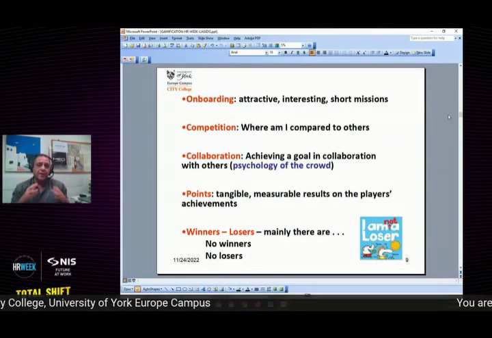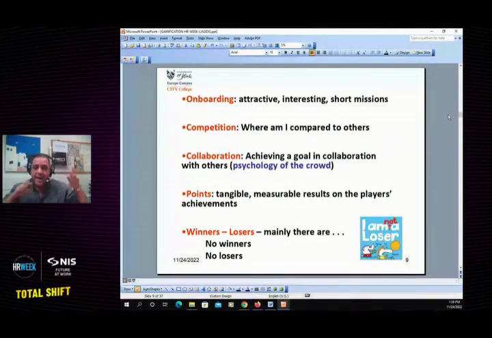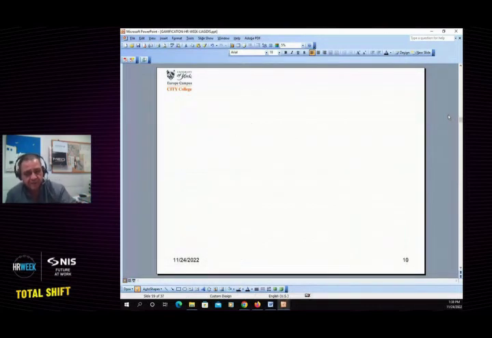So these are the 10 little ingredients that any game developer needs to bring together in order to make a game attractive. So let's bear this in the back of our heads as managers, because these are important things to involve in our activities.